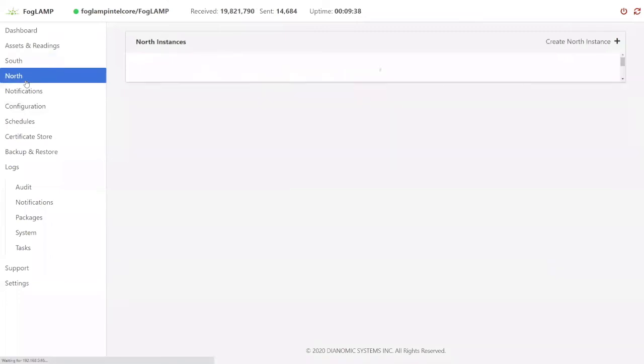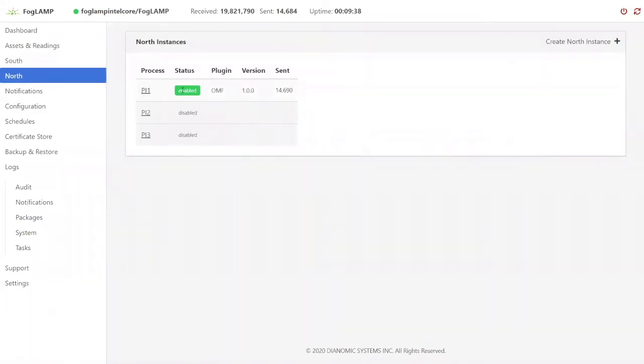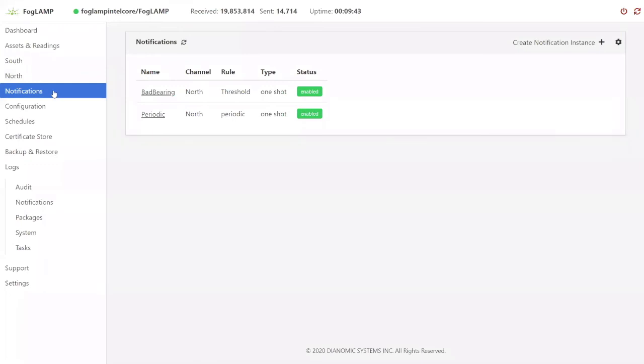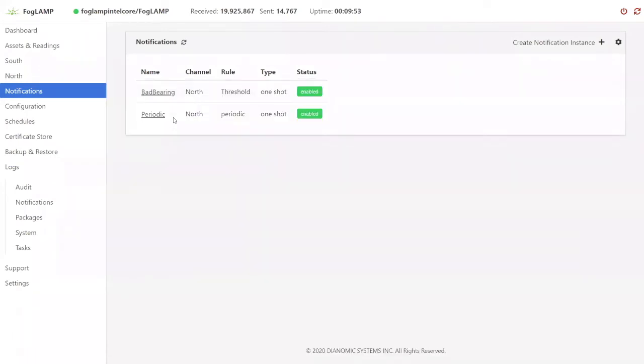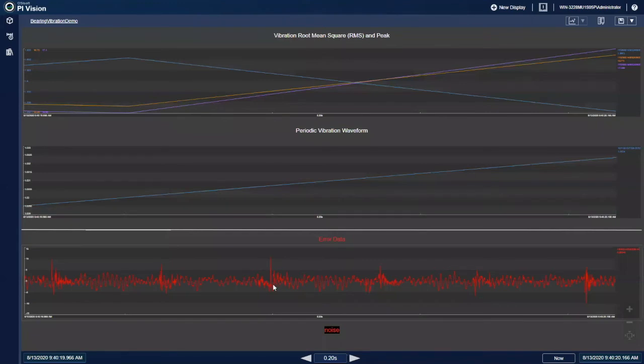On the north side, data is flowing out from Pi, of course. We're also using our notification engine that allows alarming and notifications to, one, periodically send 5 seconds of raw vibration data forward, regardless of good or bad state, as well as, two, send data into the error stream when an error is detected by the neural network model.